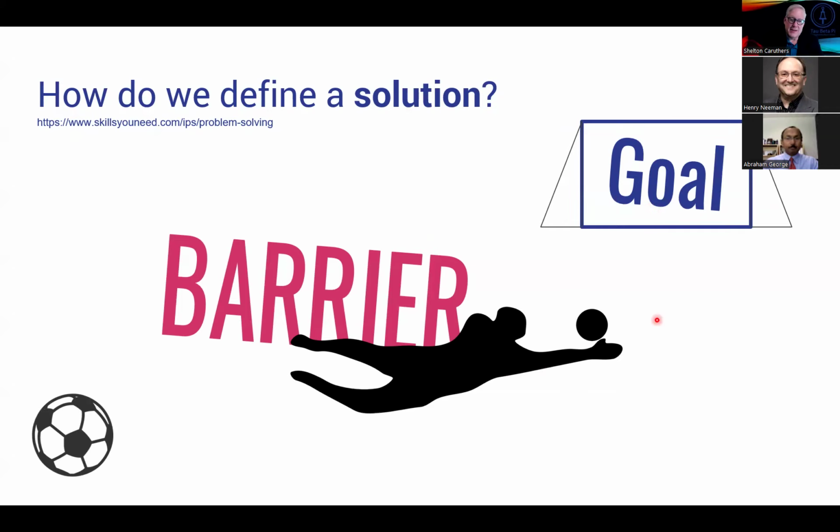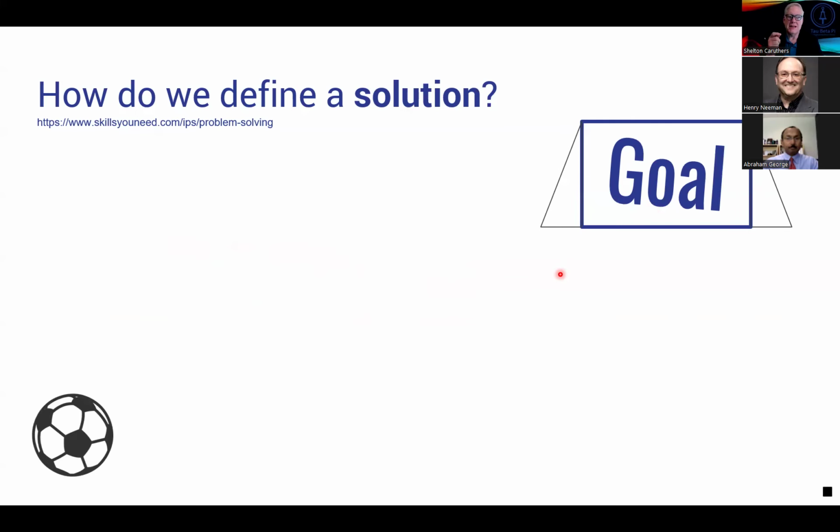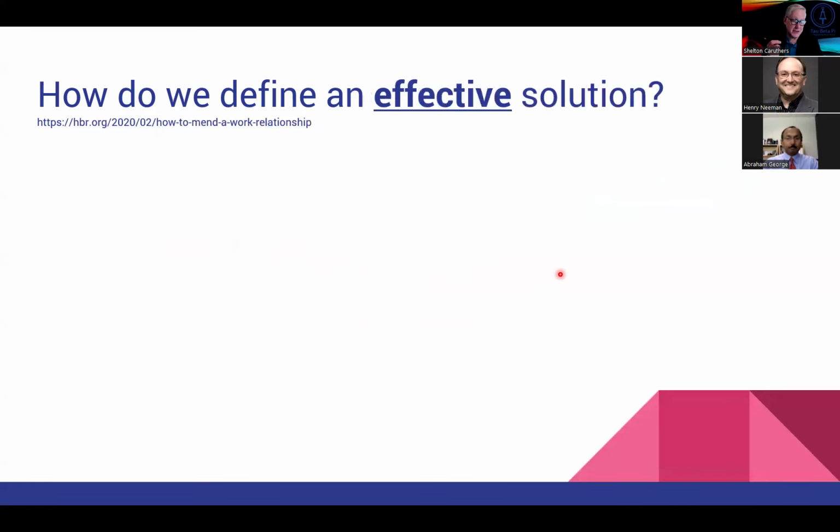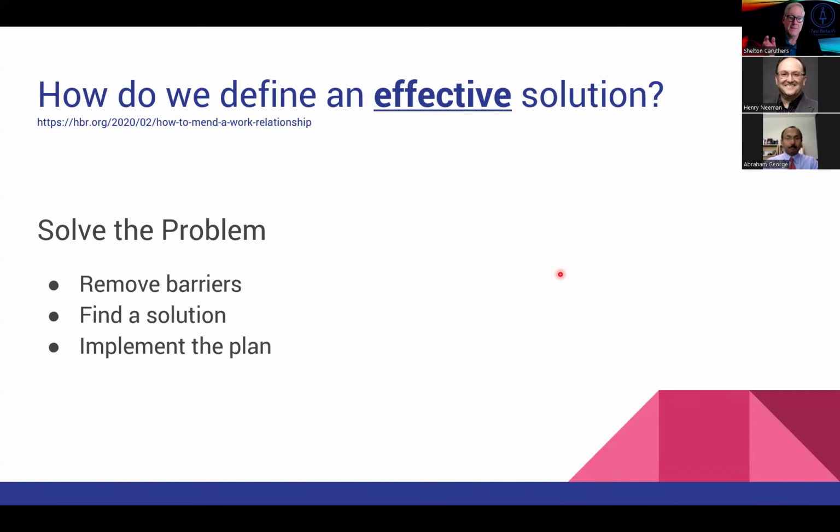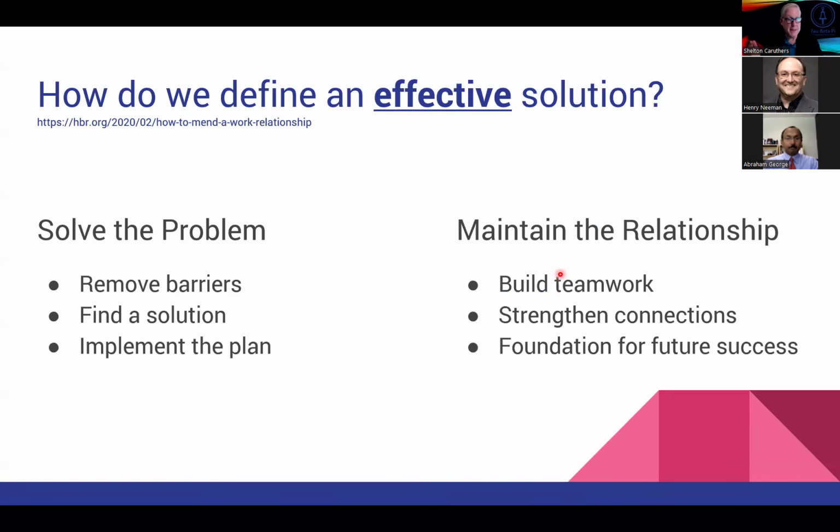We definitely would. And so we can talk about reaching some goal by removing the barrier or removing the obstacle, but what we really mean is that we want an effective and legal solution. So how do we define an effective solution? It solves the problem by removing the barriers. It finds the solutions and we implement the plan. But we also maintain the relationship.